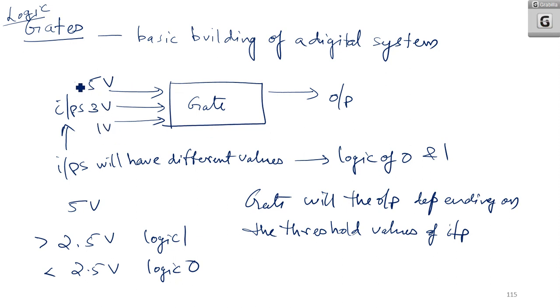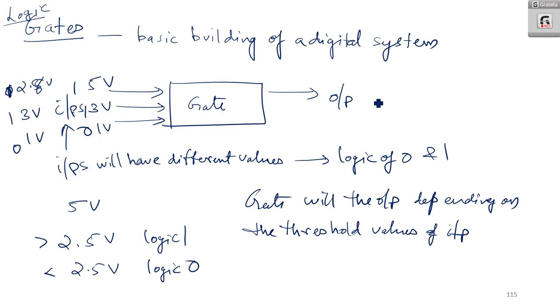The logic is 1, 1 and 0. Similarly, if I am supplying 2.8 volt, 3 volt and 1 volt, then the logic is 1, 1 and 0. That is how the logic gate is built.